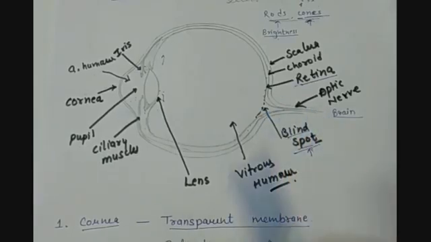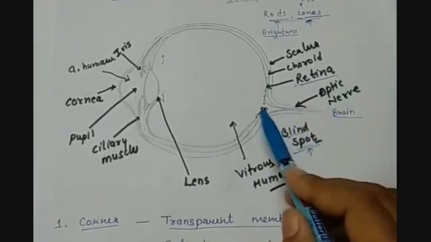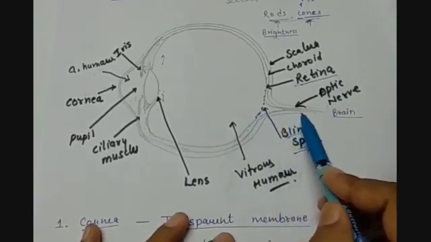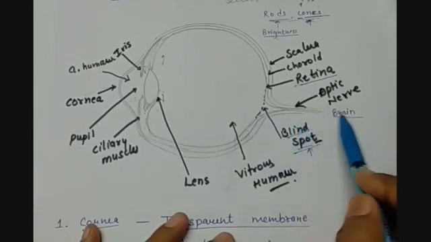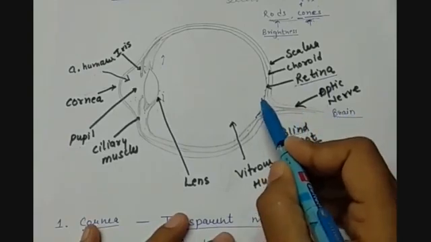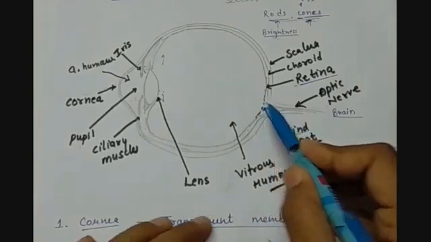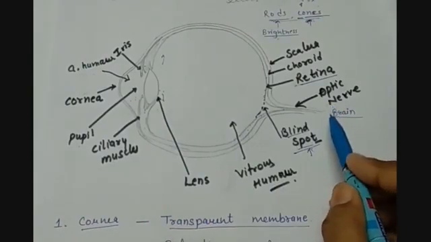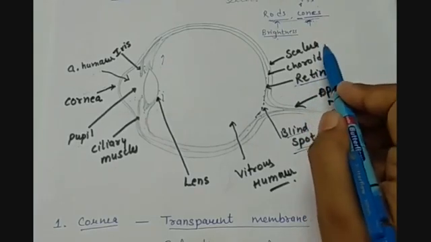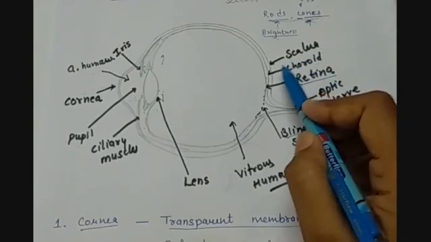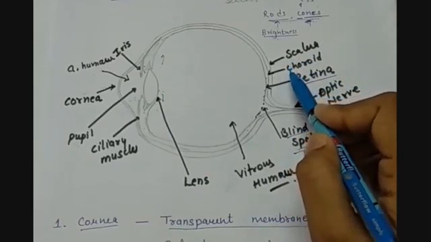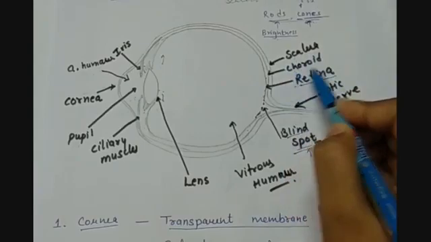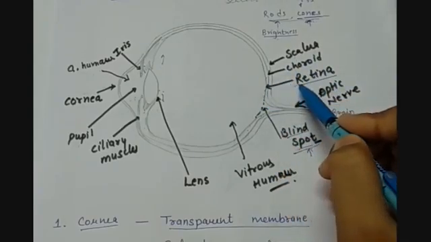Then we have the optic nerve, which takes the electrical signals from the retina and gives the signal to the brain so that the inverted image formed on the retina can be interpreted as upright side up, so that we can see the object erect. Sclera and choroid are the outer layers of the eye, but we are not considering them because they are not taking part in image formation.